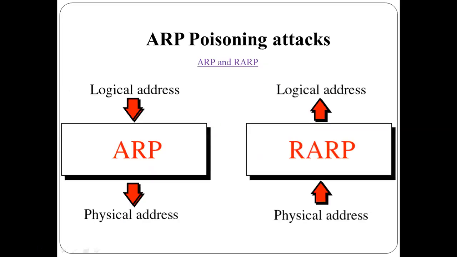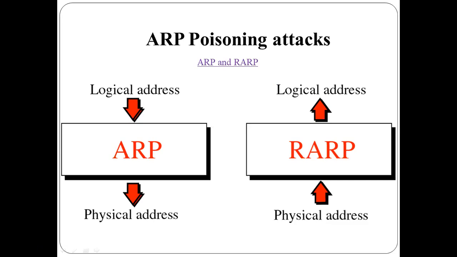So this is the general diagram, but personally I would not suggest that this is the right diagram, because it suggests that you give the logical address to ARP as input, and at the output we get the physical address.